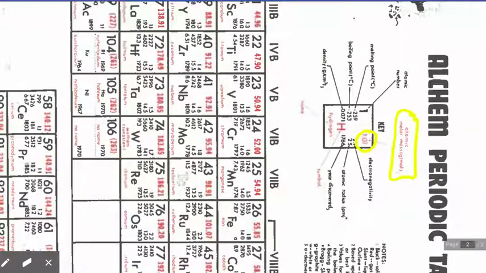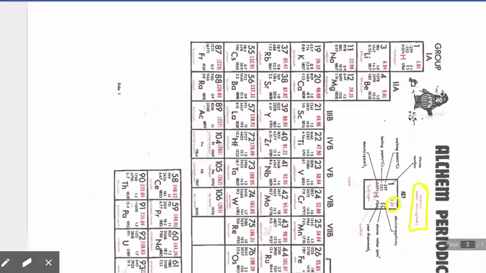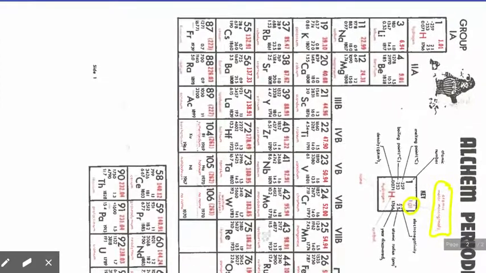So we'll talk more about how this 1.01 atomic mass units number came from in a different lesson. But for now, what's important is this is the atomic mass that we will use for hydrogen. Okay, so all of the elements on this periodic table have an atomic mass in the top right corner in their box on the periodic table.